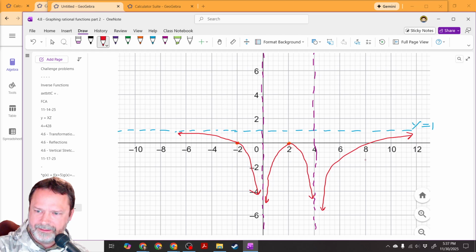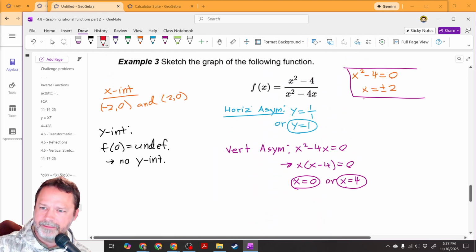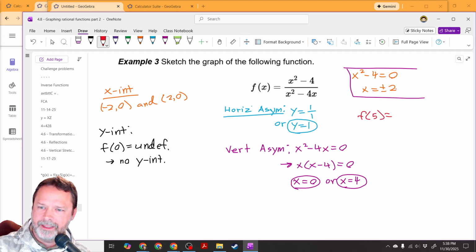So let's take a look and try some values. f of 5 wouldn't be too bad to try. What is f of 5? Well, that's going to give me 25 minus 4, so that's 21, over 25 minus 20.